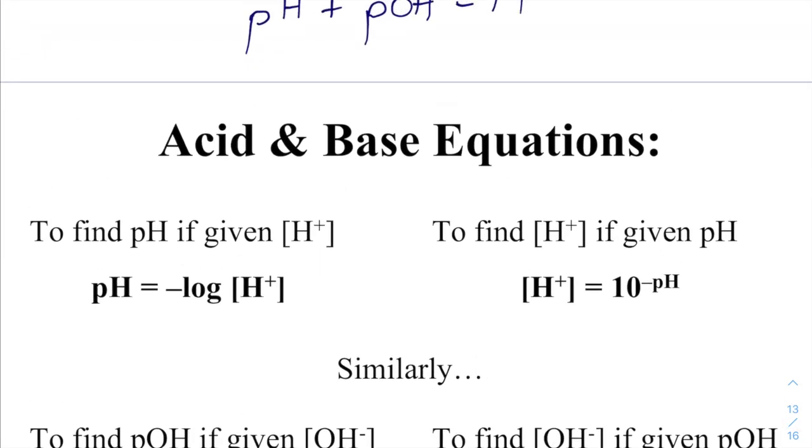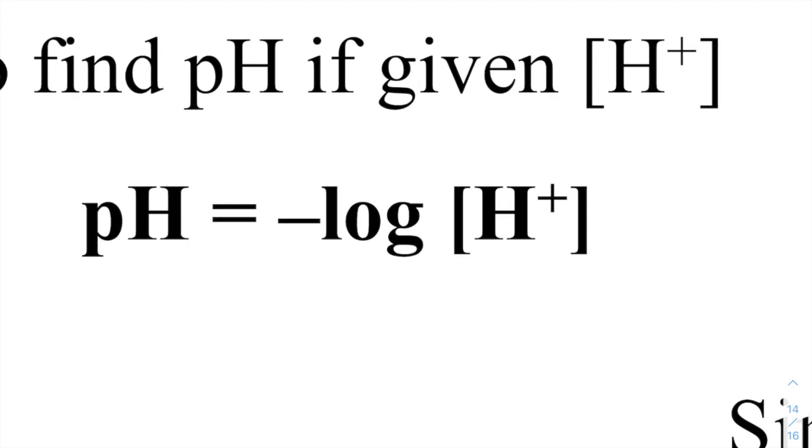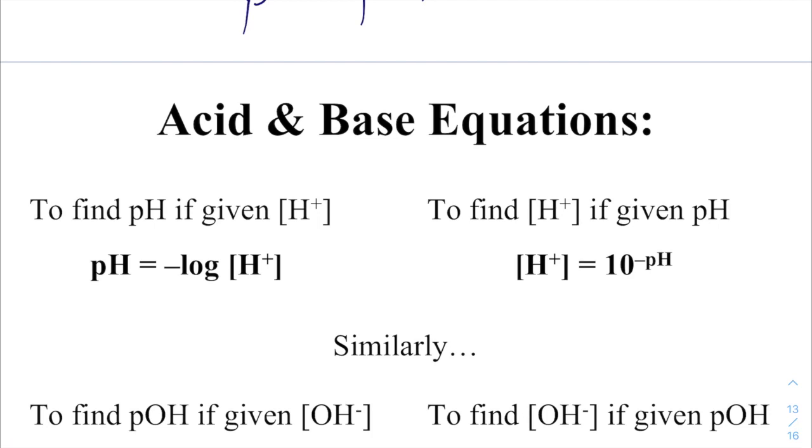Now, if you've learned about logs in math class, you know that log is a way of getting rid of an exponent, which means these two equations are solved in relationship to each other, right? So if I had pH to a certain power, you see that the log is a way of getting that variable out of the exponent.